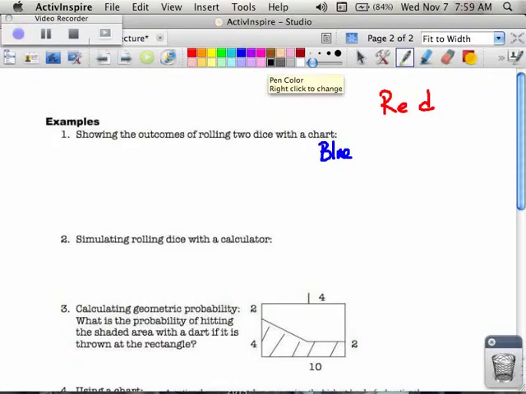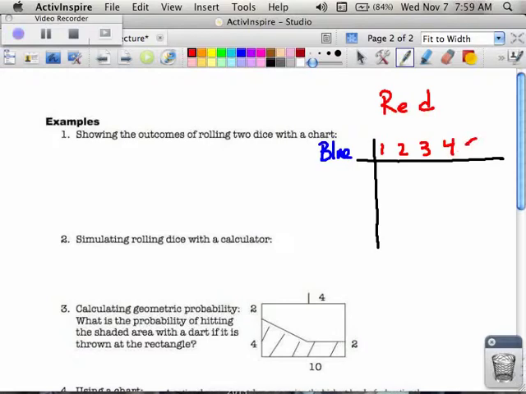If I make a chart showing what happens, it would look something like the following. Let's say on the red die, you know that you can roll a 1, a 2, a 3, a 4, a 5, or a 6. And on the blue die, you have those same exact possibilities.